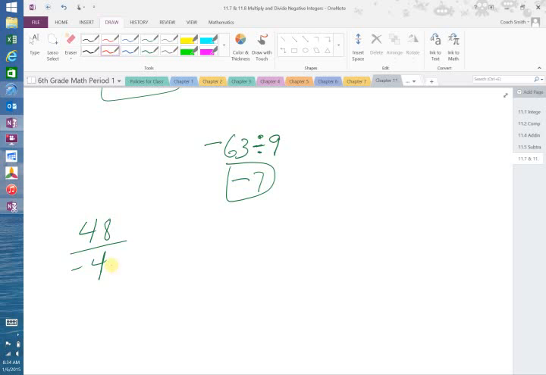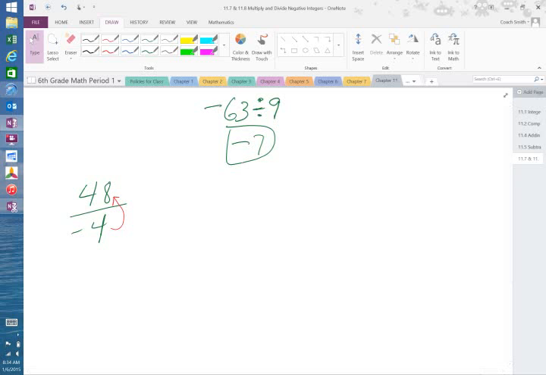That says 4 into 48. 4 goes into 48 how many times? 12 times. How many negative signs do I have? 1. So negative 12. You won't have any listed vertically like that today. You will later on this year in this class, and then next year in 7th grade. That's pretty much how they always list them.